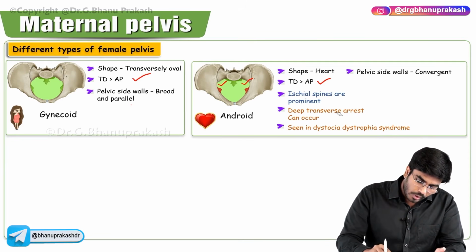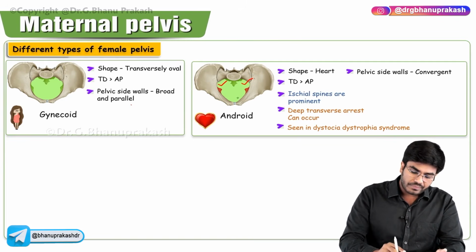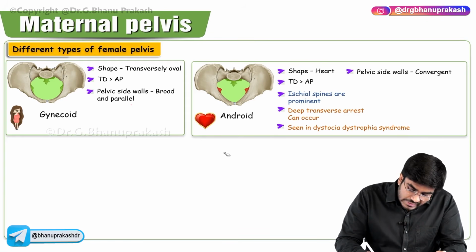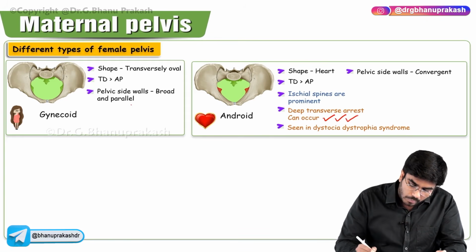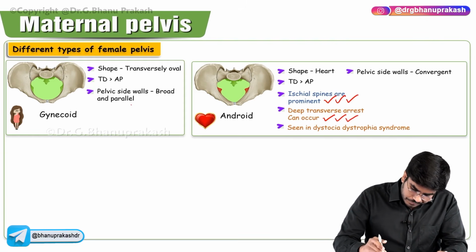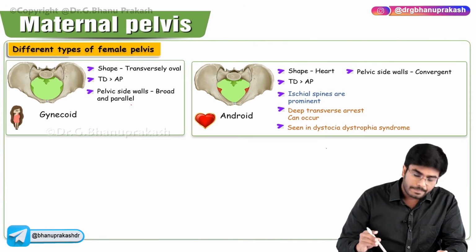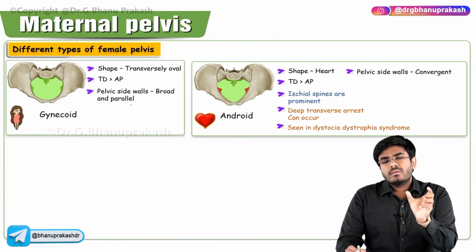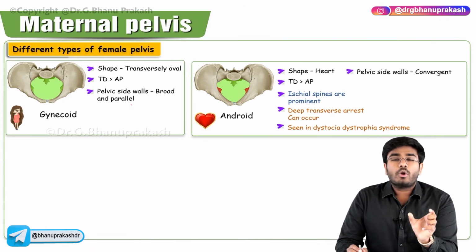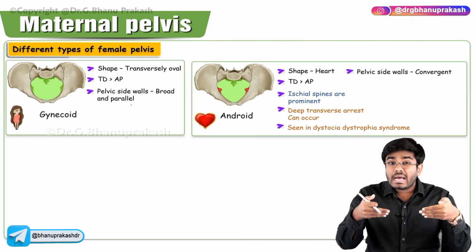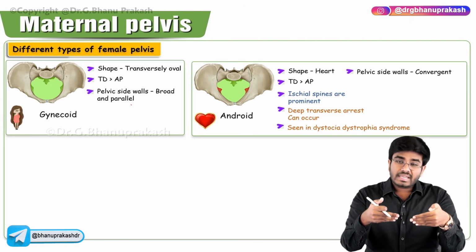So one important point is, if a female has an android type of pelvis, she can have deep transverse arrest during normal vaginal delivery. And the ischial spines are prominent. Now, having such an android pelvis, what's the main problem? The main problem here is the deep convergent side walls.